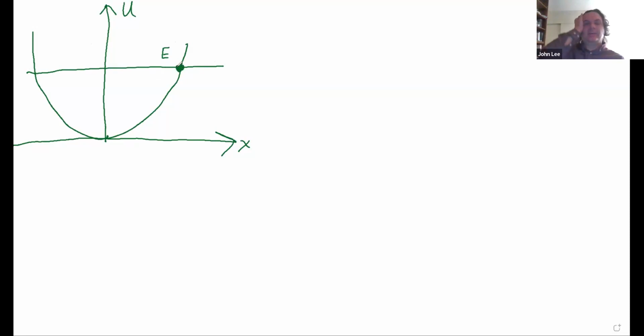It can never be higher than E, because of conservation of energy, the total energy of the particle can never be higher than E. So the difference between E and the potential is equal to K, and between the potential and the x-axis is equal to U.